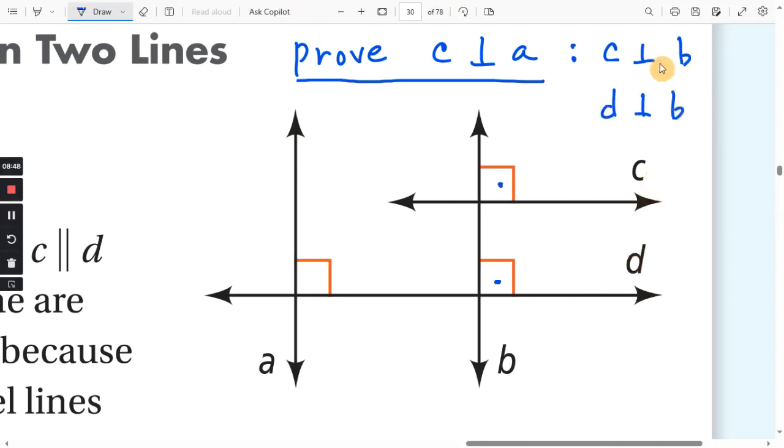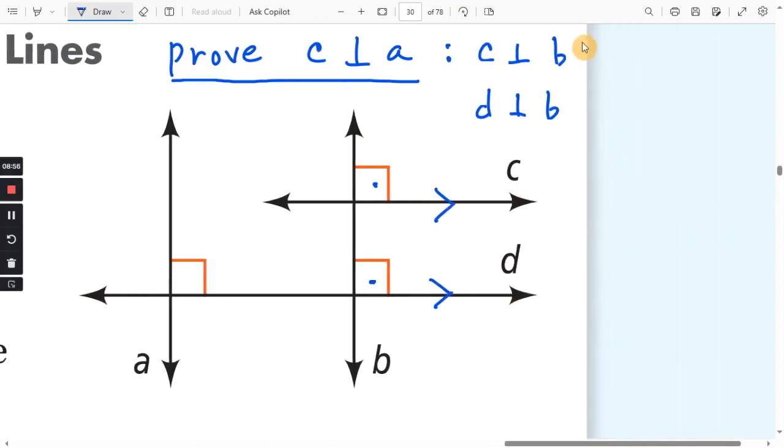All right, they're both perpendicular to B, so they're going to be parallel to each other. So since we know this, they're both perpendicular to B, we know that C and D are parallel. C is parallel to D. And let's see, what else do we know? Here's a right angle.